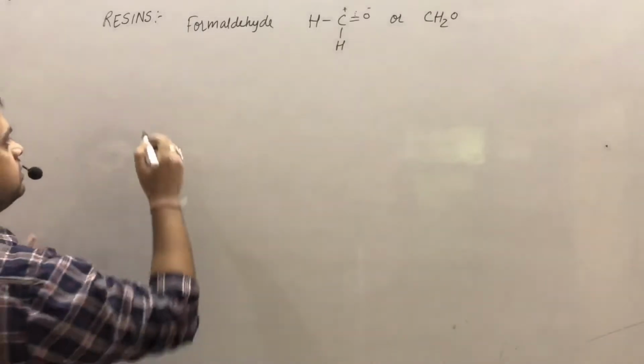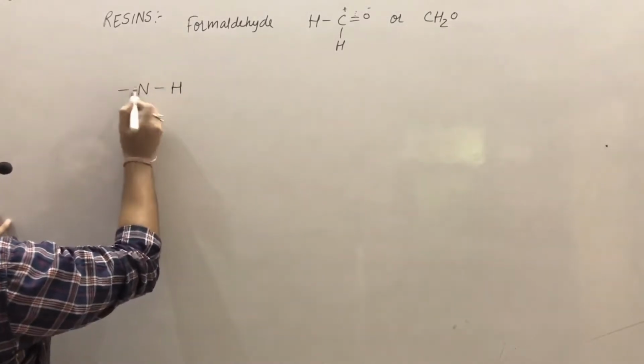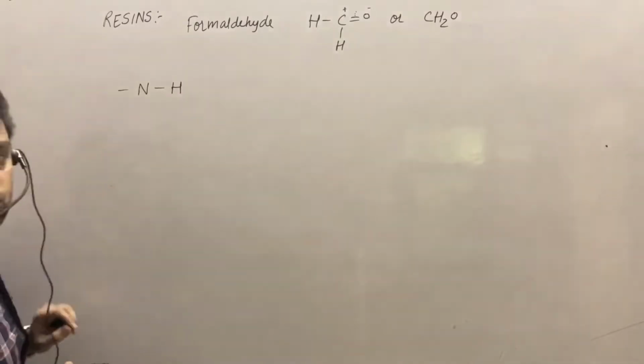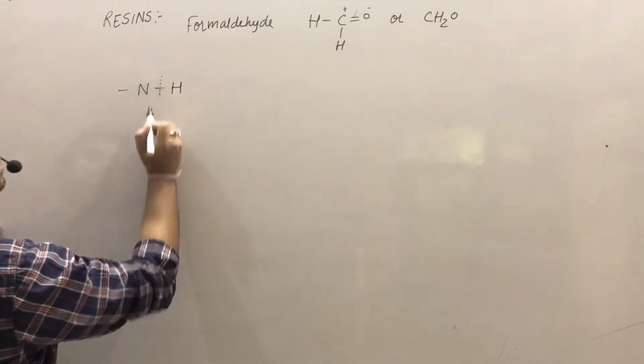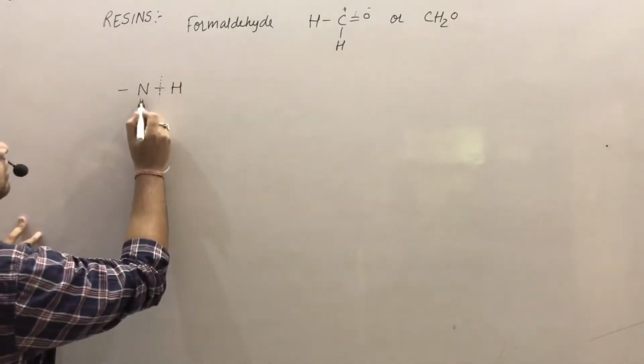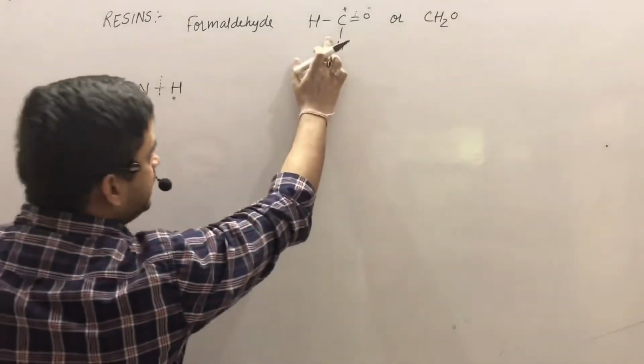Let's consider an example of N-H. This bond is also a heteroatomic bond. After lysis, it will lead to formation of nitrogen negative and hydrogen positive part. This formaldehyde will react with this group.